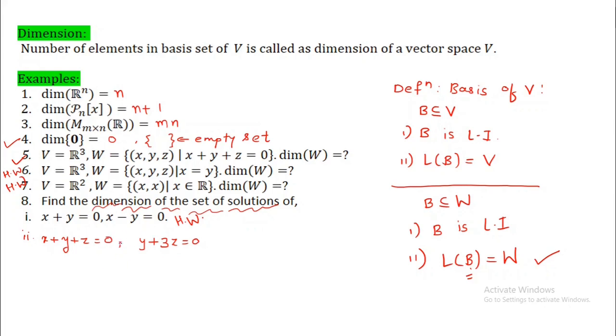In order to find the dimension of the solution set of this system, first of all we will find the solution set of this system and then we will find its dimension. So our system is x + y + z = 0 and y + 3z = 0.